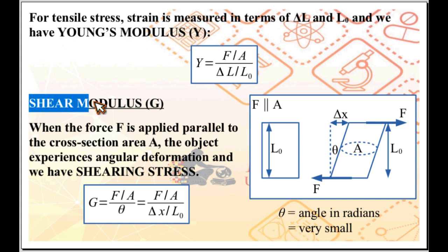Next, we have shear modulus, capital G. In Young's modulus, the force was applied on the area A such that the force is perpendicular to area A. When the force F is applied parallel to the cross-section area A, you have the object with initial length or height L naught, and we apply force F on the cross-section area A. So area A here and area A here, we apply force F such that F is parallel to the area upon which it is applied.